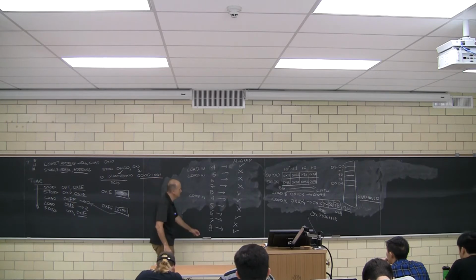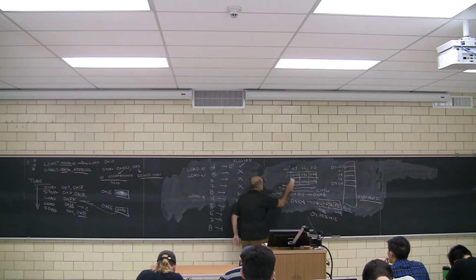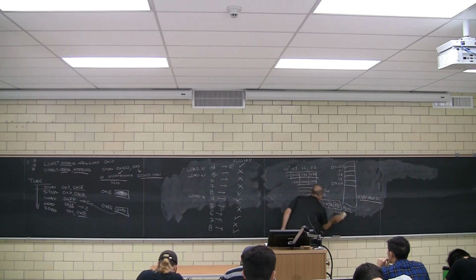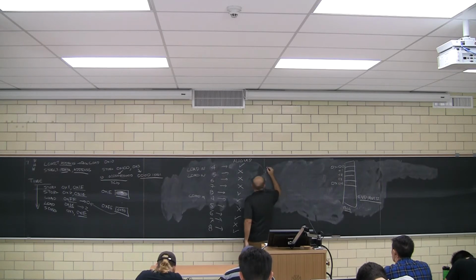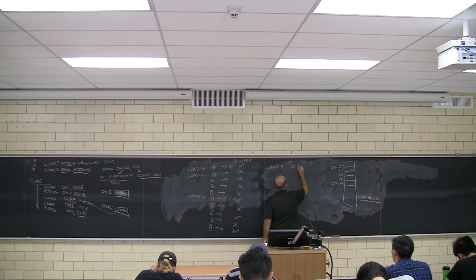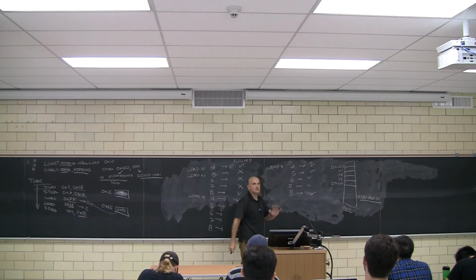And now, load byte from location 4. Is it aligned? Yes. From location 5, yes. From location 6, yes. 7, yes. From location 8, of course yes. That would make no sense otherwise.